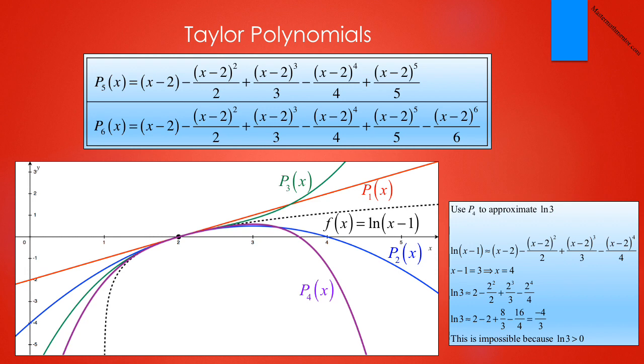The answer is, if you look at the graph, that when x is 4, P4 is no longer doing a good job of approximation of the natural log of x minus 1. It only did a good job up to 3, and after that the curves diverged. So it's important to know the values of x where it is okay to use the Taylor polynomial approximation. We will learn how to do this in a later video.